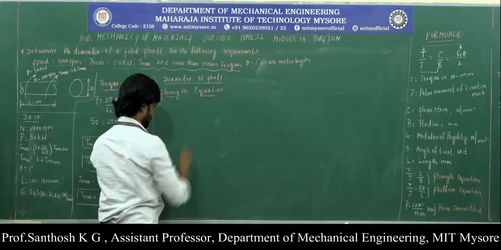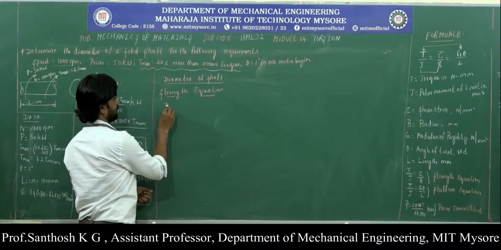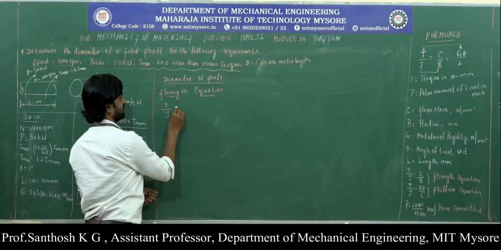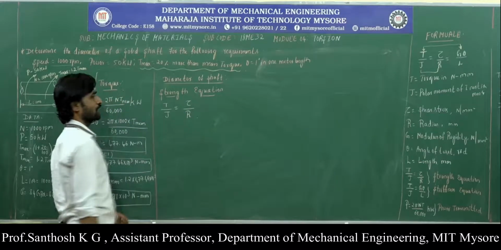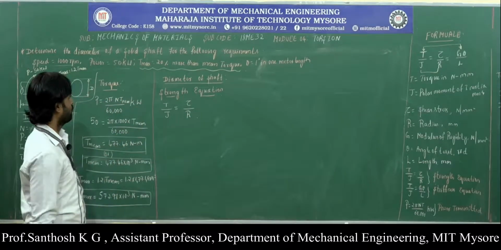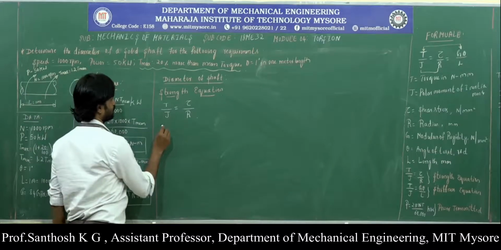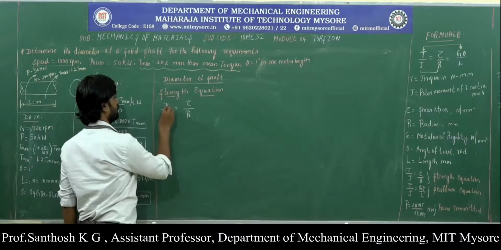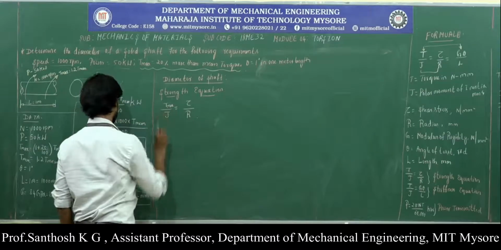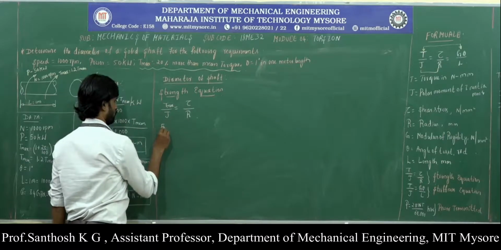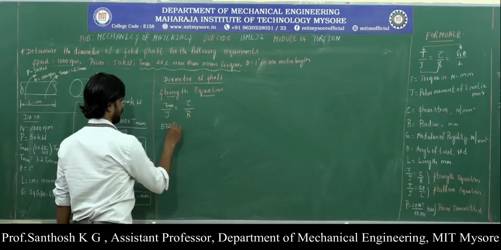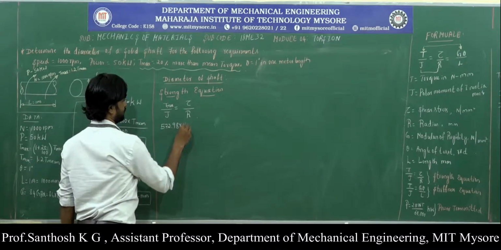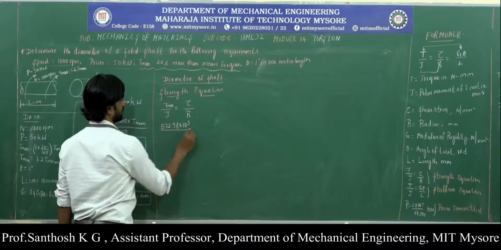The strength equation is T divided by J equals tau divided by R. The value of T is T max, and it will be equal to 572.98 into 10 to the power of 3.